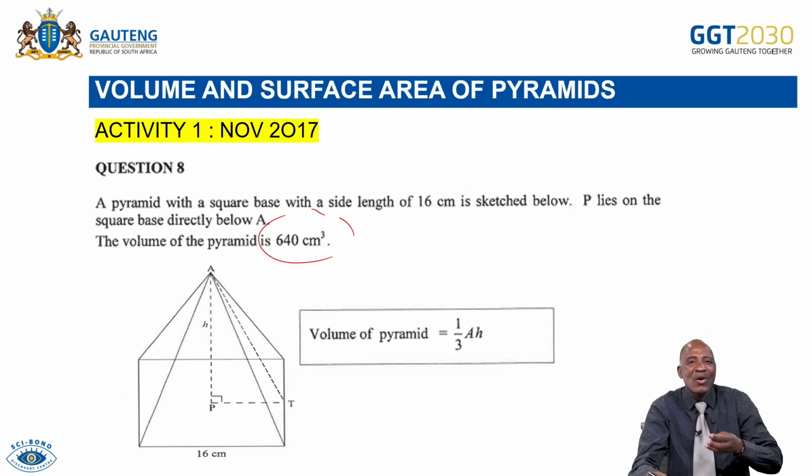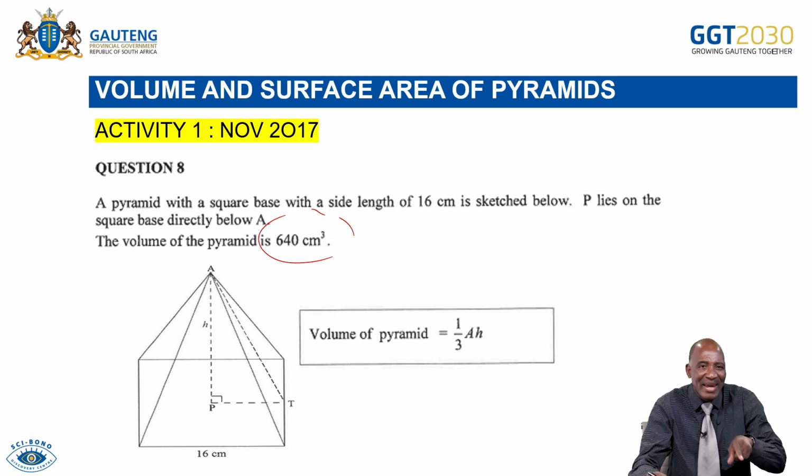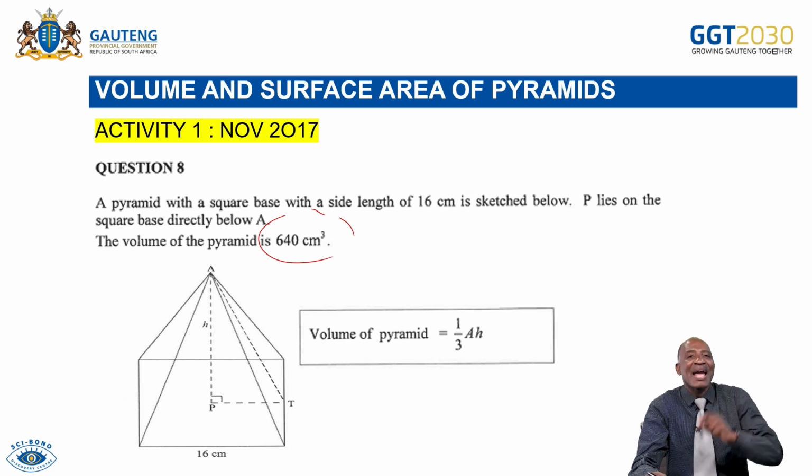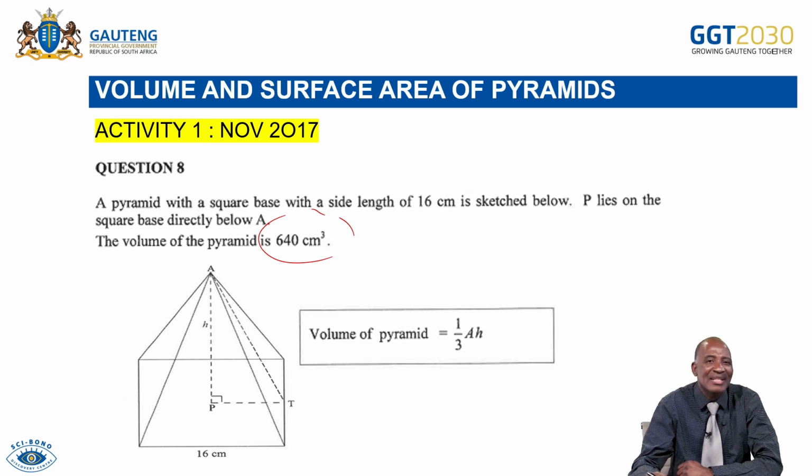Like I said earlier on, if I'm not given the formula, what do I do? I look at the base. It's a rectangular base. I find the area of the base, which is length times breadth. Hopefully I know the breadth. If I don't know the breadth, then I'll have to find ways of getting that breadth. Then you multiply by the height, that perpendicular height.